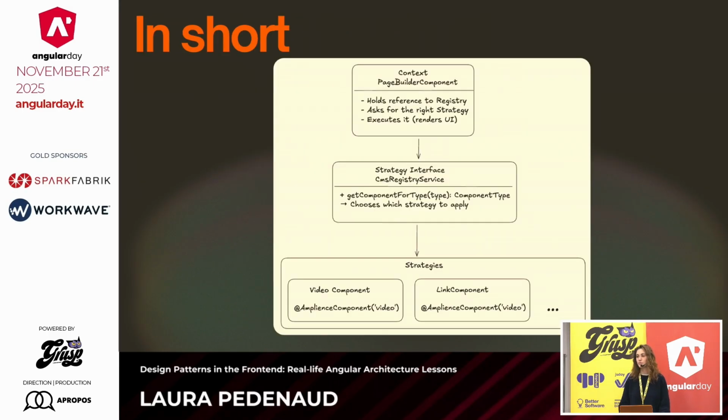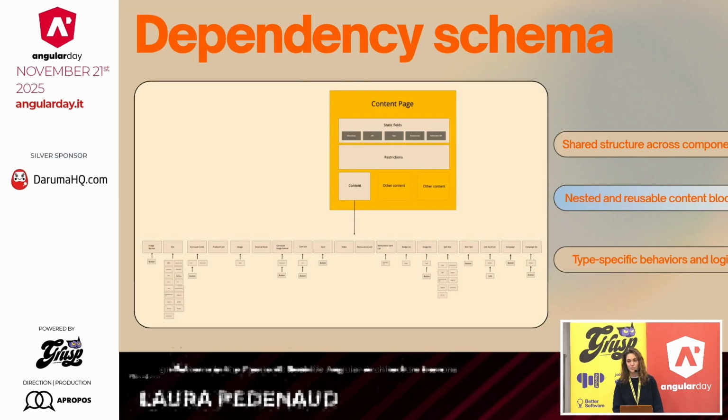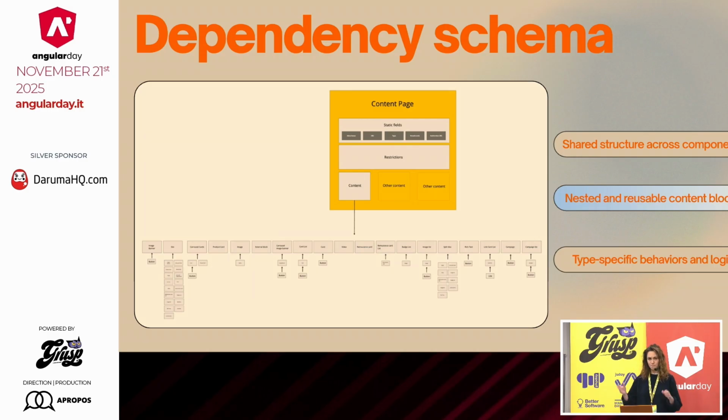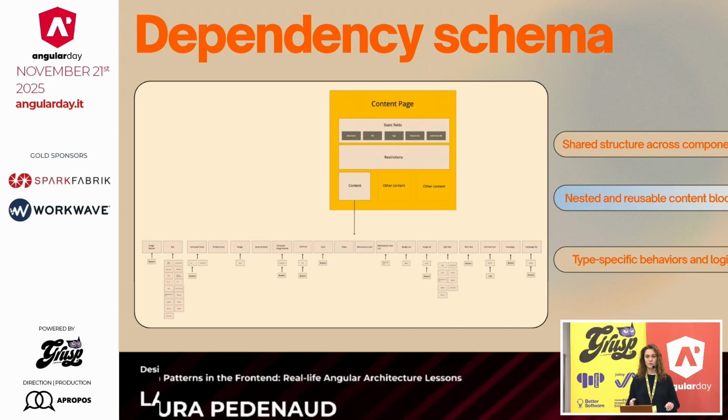So in short, to conclude about this strategy pattern, we can recognize the context with the page builder component. We also recognize the strategy interface with the registry service. And then, of course, we recognize the strategies in the components. But there is still another problem to solve, which is the composition of the contents.